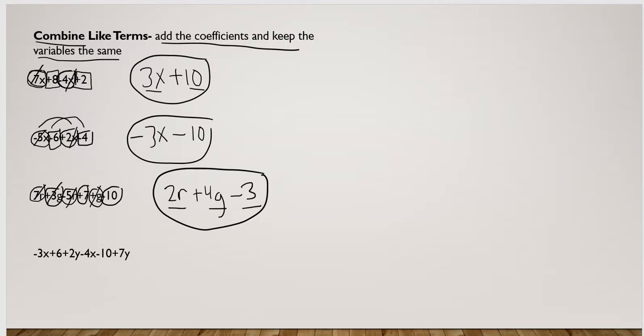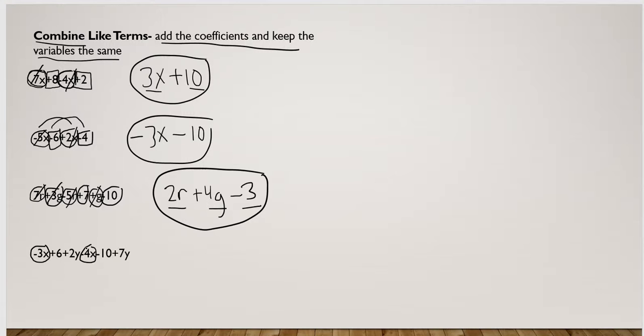For the next one, we have a negative 3x, a positive 6, a positive 2y, a negative 4x, a negative 10, and a positive 7y. If we are going to combine like terms, we want to combine the ones that have the same variables to the same powers. So we can combine a negative 3x with a negative 4x. Remember that because there's a subtraction sign in front of the 4x, it makes it negative.